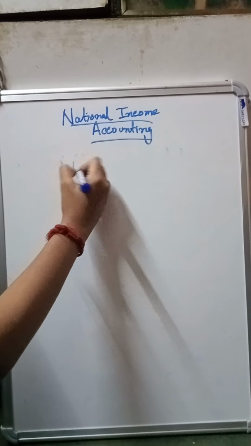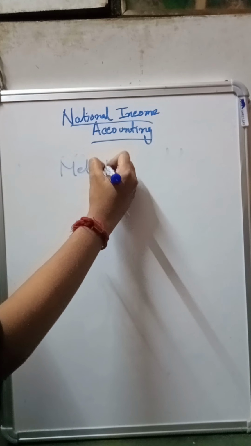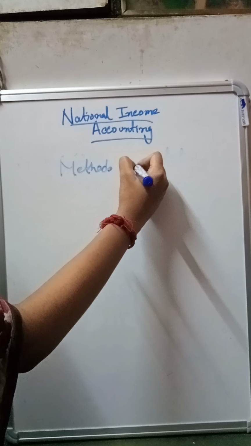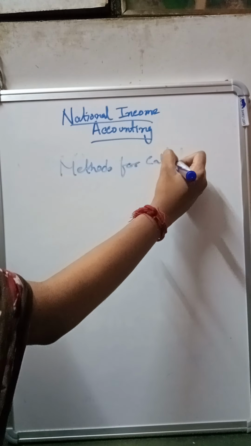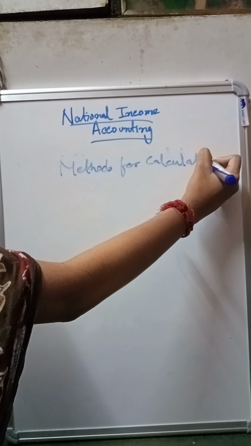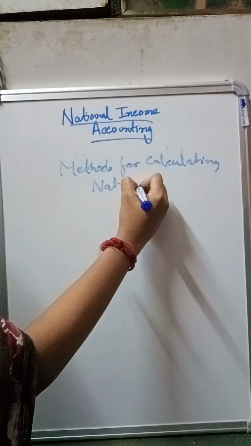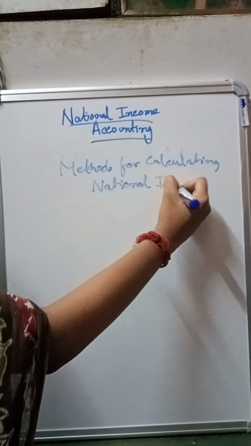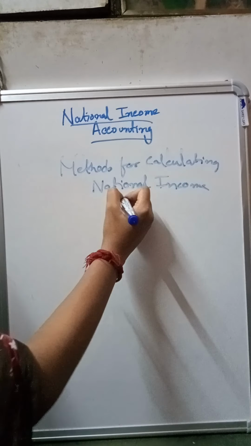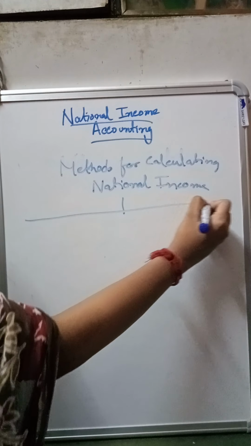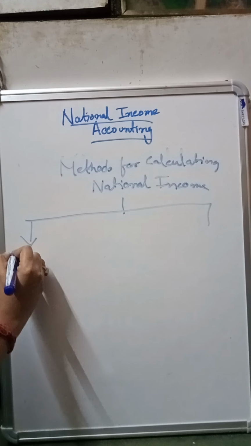Okay, so the various methods for calculating national income. There are three methods. Our syllabus has three methods.